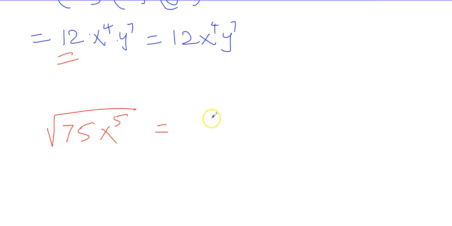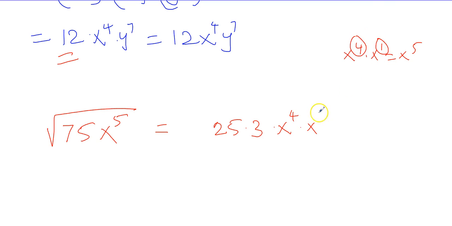The process is the same. 75, I can write as perfect square 25 times 3, and x to the 5th power, because this exponent is 5, which is an odd number, I can write it as x to the 4 times x. We know that x to the 4 times x is nothing but x to the 5th power. We didn't change anything, we just wrote those two exponents separately.